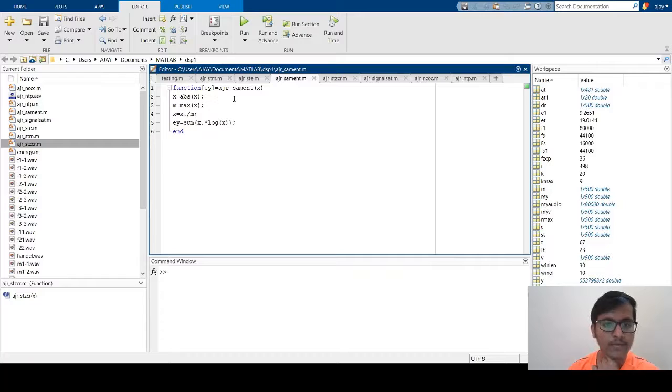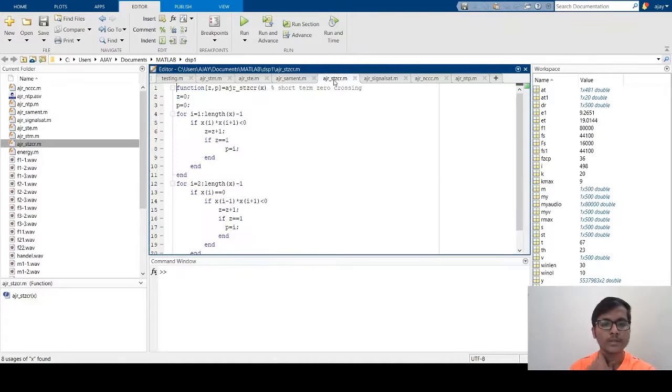Initially we don't have any probability, so we scale the x values to a 0 to 1 range. For that, we take the absolute of x, then divide x by the maximum value of x, so that we get the range from 0 to 1. After that, we take the sum of x into log of x, where x represents the probability. This is how we get entropy.